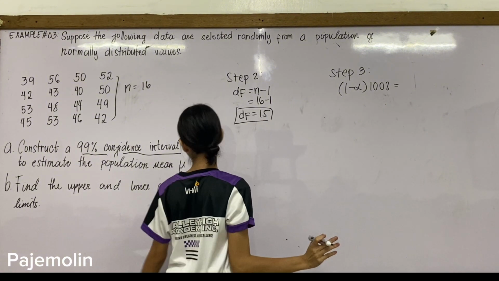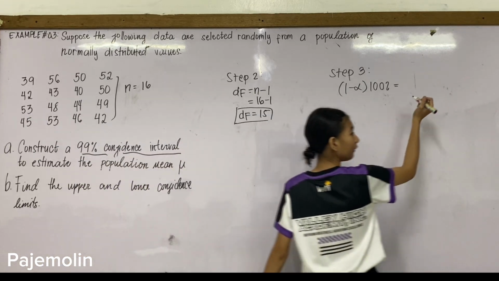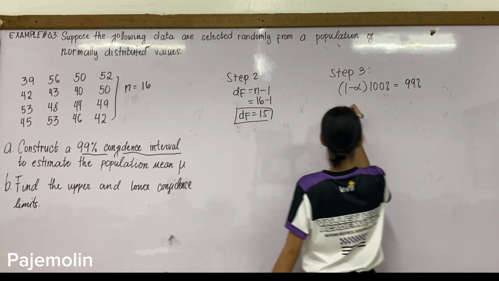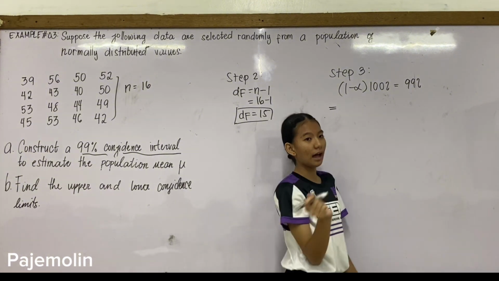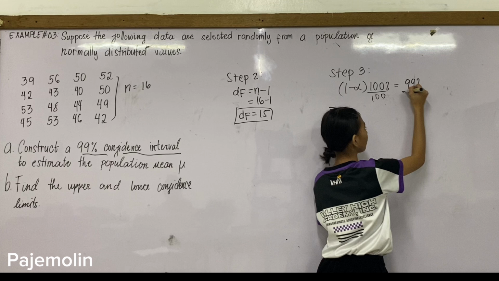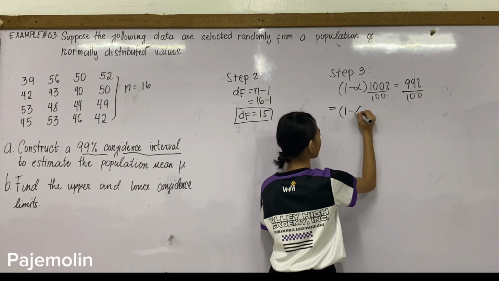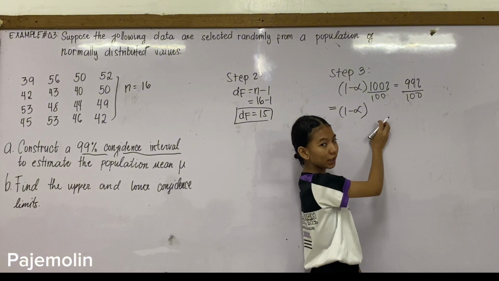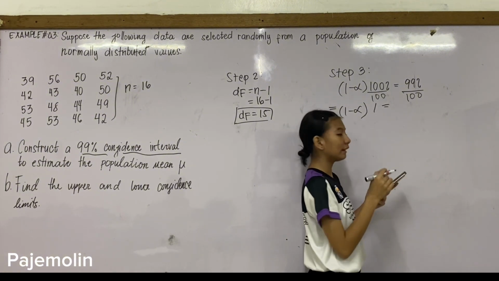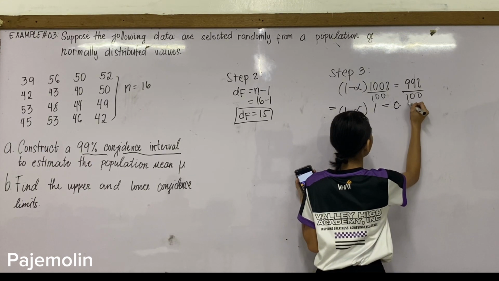Since we are finding a 99% confidence interval, we put 99% and divide this by 100. Using your calculator, 99 divided by 100 is 0.99.